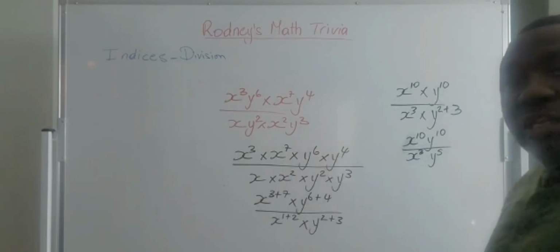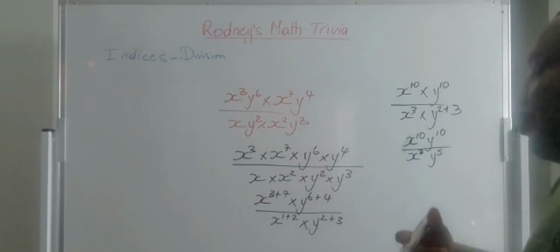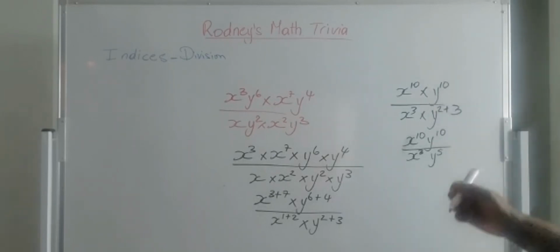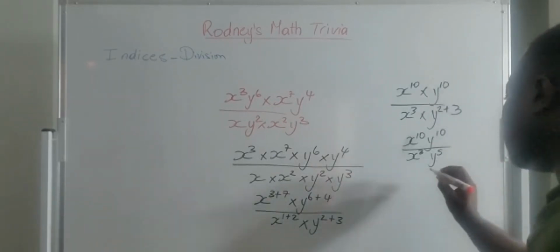Remember we say that when we are dividing, we are to subtract the index of the denominator from that of the numerator.